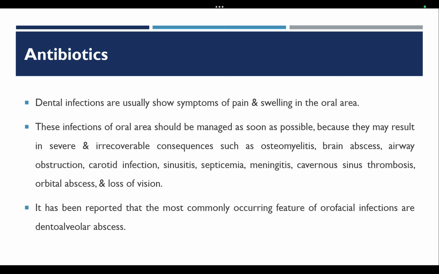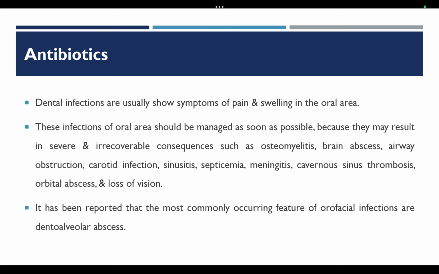The abscess can cause, in the beginning, pain and swelling in the area, and those symptoms are annoying to the patients. So these oral infections should be managed as soon as possible, as in severe cases they may result in irrecoverable sequelae and very serious complications.